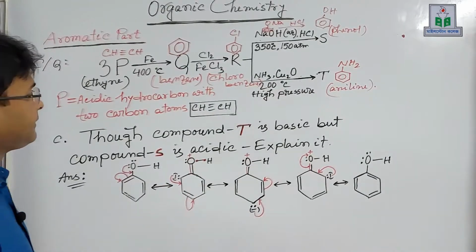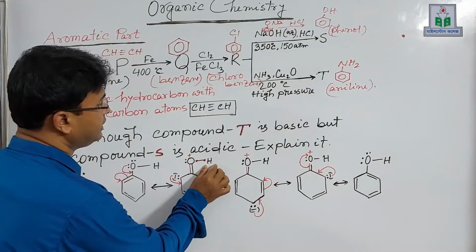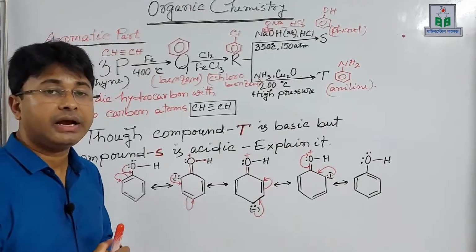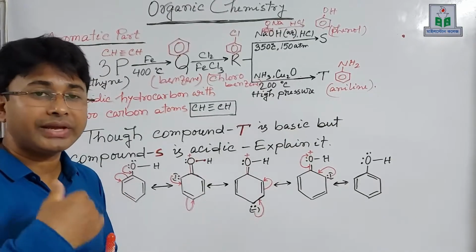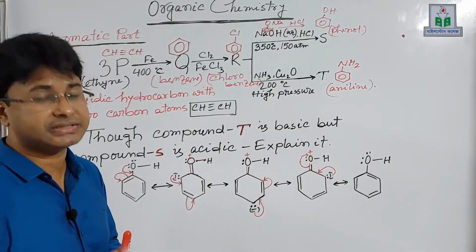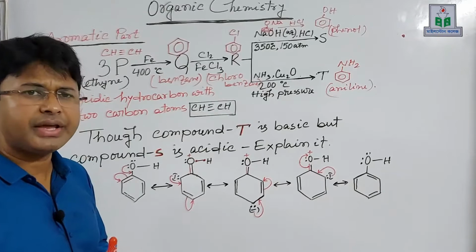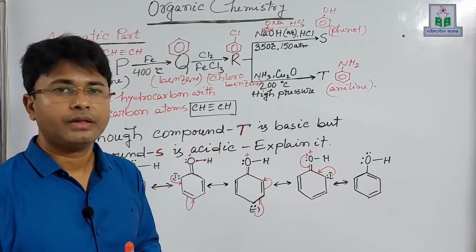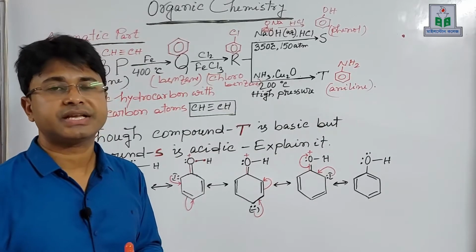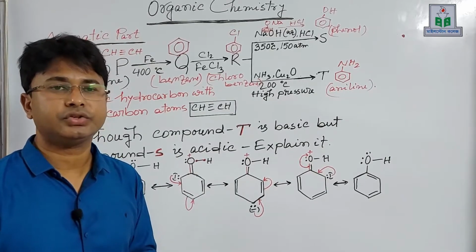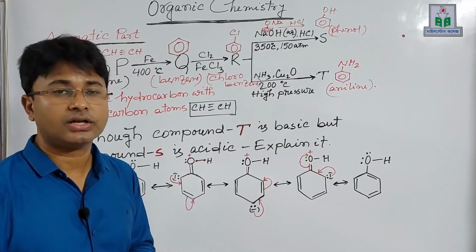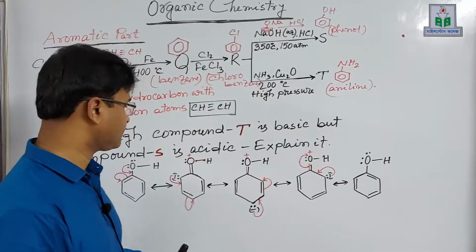As a result, the hydrogen and oxygen bond breaks, and the hydrogen atom can be released as H plus ion. According to the protonic concept of acid, the substances which can donate proton to another substance are called acid.